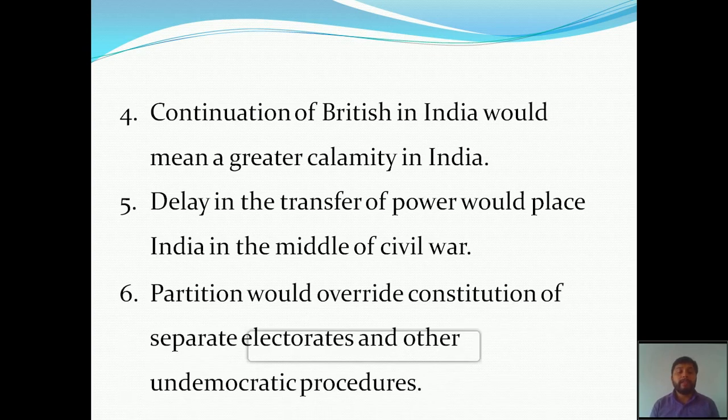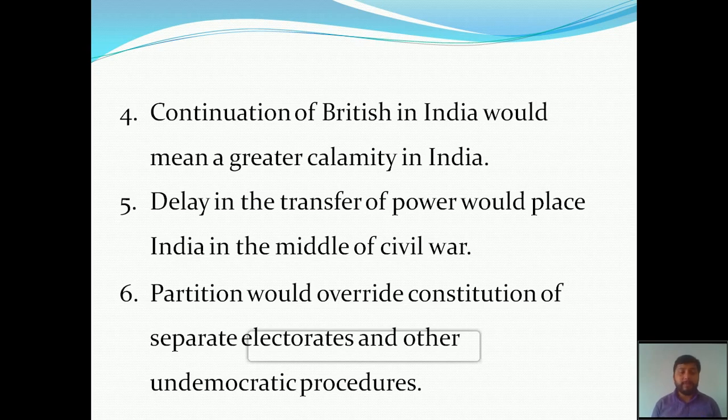And the last point says that partition would override the constitution of separate electorates and other undemocratic procedures. Which means if the leaders are accepting the partition, it will highlight the secular feeling of the people, which means India will be considered as a country which always respects the secular feeling of the people.